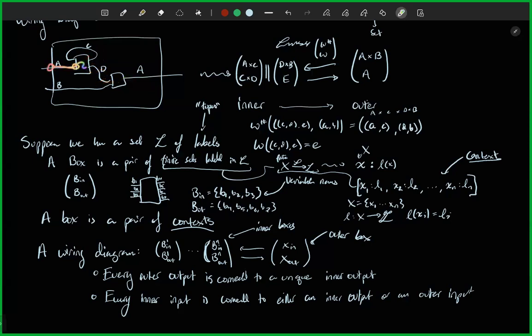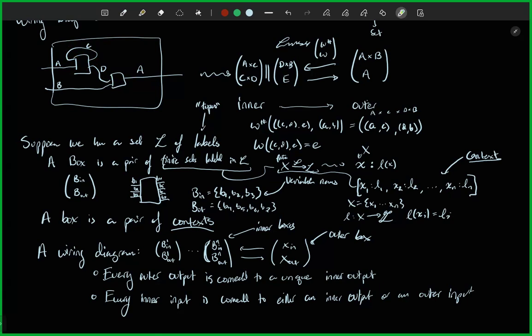But if I look in here, it's connected to an inner output. And you don't have both, because if you had both, like if this was connected both to this and to this, you would have to at some point combine the signals. And we will allow combinations of signals, but you're going to have to specify exactly how you want to combine them. So we'll do that later.